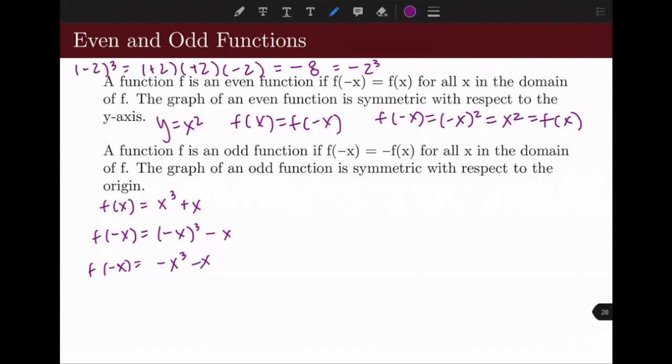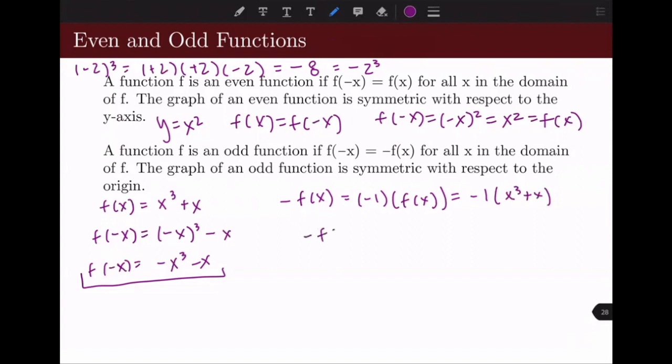Okay. So we found f of negative x. That's here. Now I want to figure out what is negative f of x. You can think of negative f of x as negative 1 times f of x. So that's just going to be negative 1 times our function, which was x cubed plus x, right?